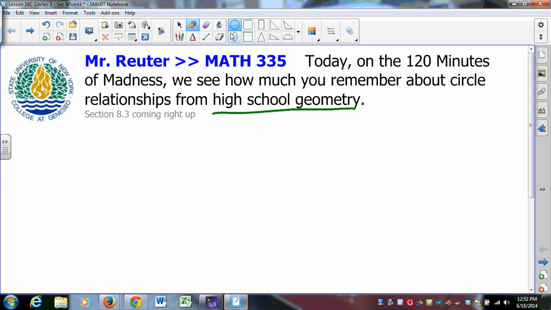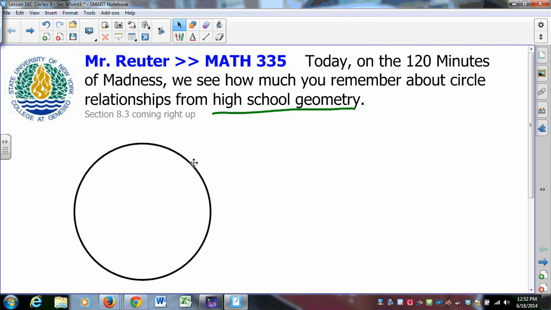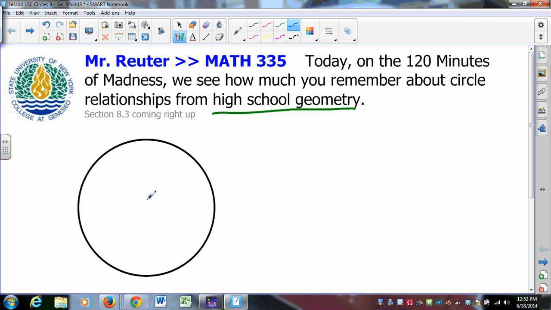Just to refresh us on vocabulary, take a circle. Here's the center of the circle, usually denoted O. An angle whose vertex is at the center of the circle and which intersects the circle in two places is called a central angle for fairly obvious reasons.